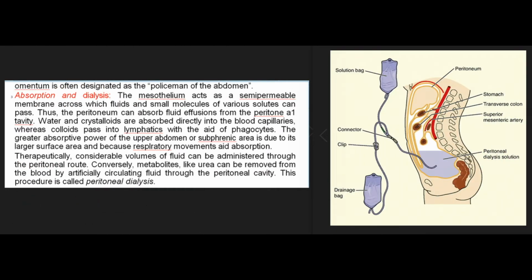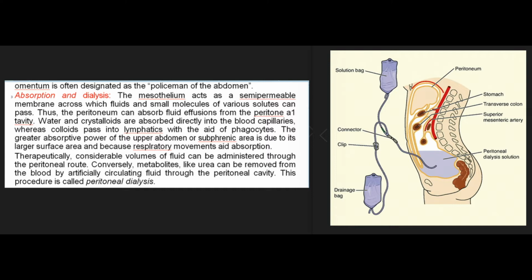3. Absorption and dialysis. The mesothelium acts as a semi-permeable membrane across which fluids and small molecules of various solutes can pass. Thus, the peritoneum can absorb fluid effusions from the peritoneal cavity. Water and crystalloids are absorbed directly into the blood capillaries, whereas colloids pass into lymphatics with the aid of phagocytes.